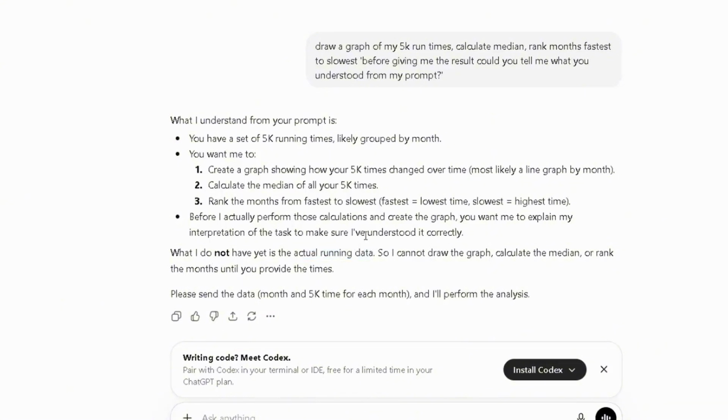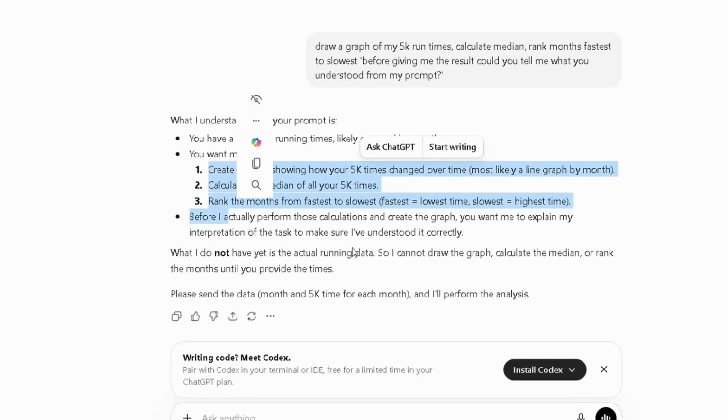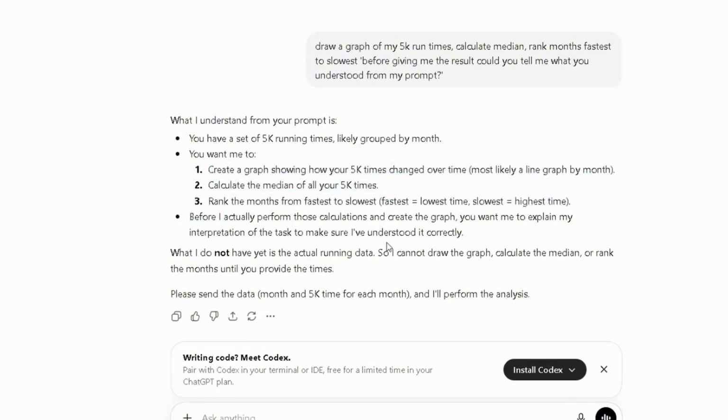Based on the data I provide, then it will create 1, 2, 3 points. This is a very good thing, and it also helps you make your input more accurate, more systematic, and it also gives you some hints that you can add in your prompt.